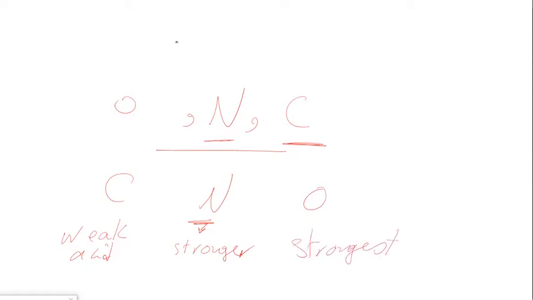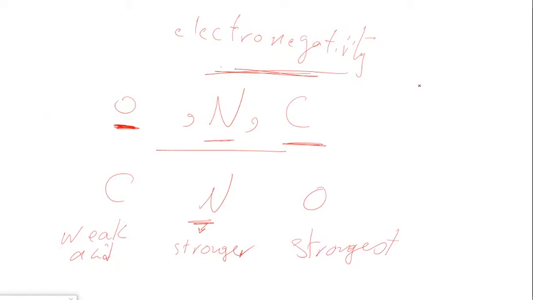Why is that? It is because of the electronegativity. The electronegativity defines the strength of the acid. The more electronegative the atom, the more acidic the compound will be.